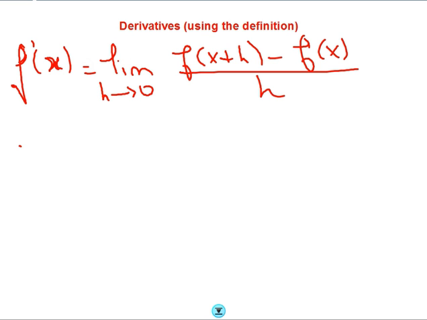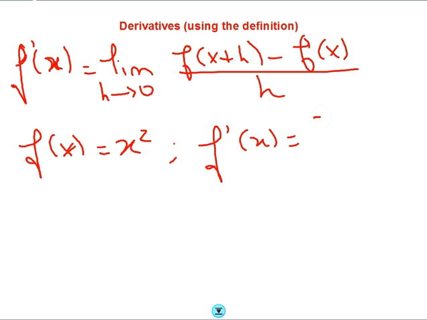So let's say you have your function f of x equals x squared, and I want to find its derivative f prime of x using the definition. So what is f prime of x here?